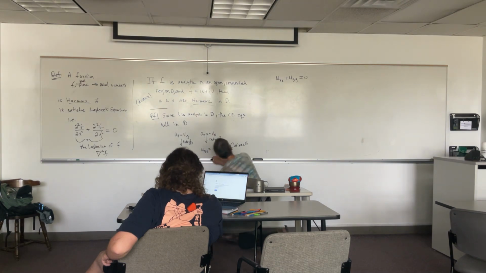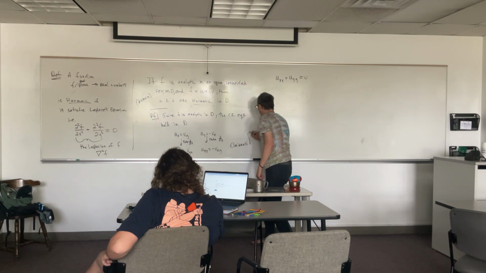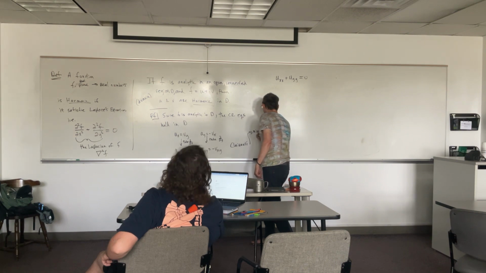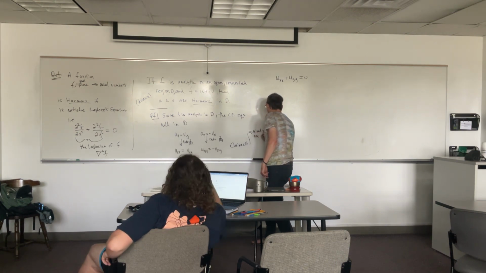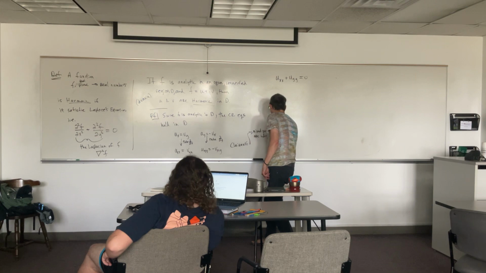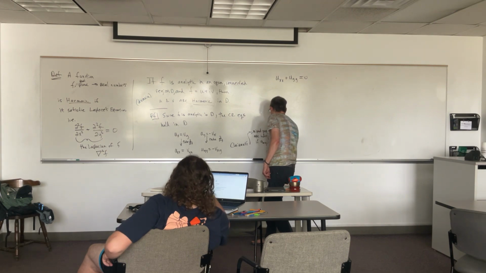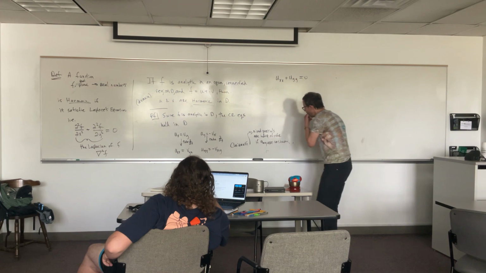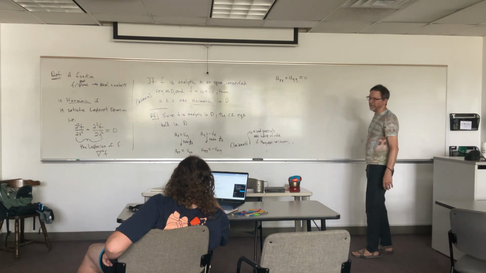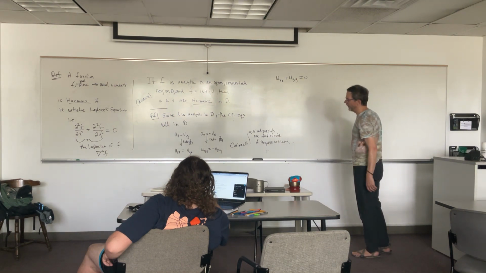So Clairaut's theorem, I'll just summarize it here, says that mixed partials are independent of order if they are continuous. And so let's assume that, otherwise there's no proof to give here.